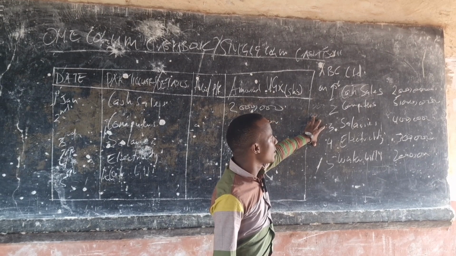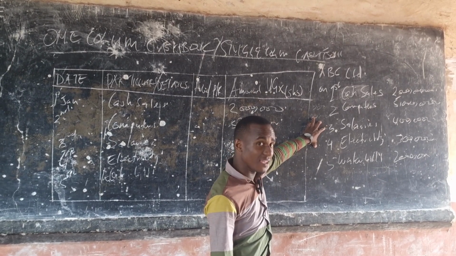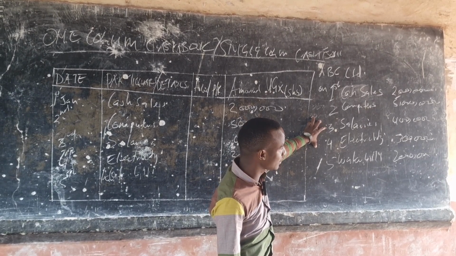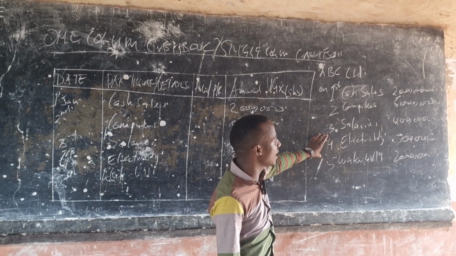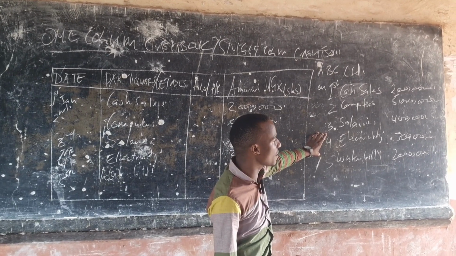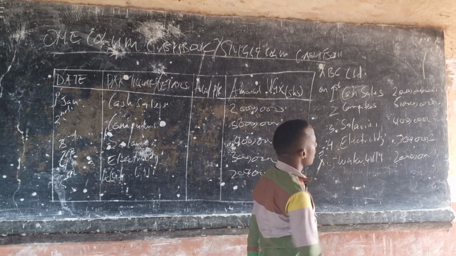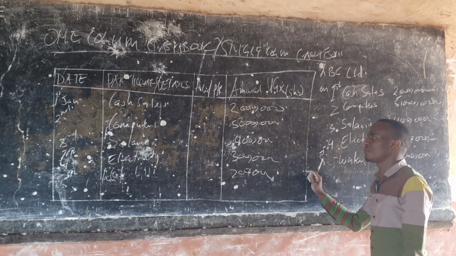On second, purchased computers worth 5 million. On third, paid off salaries 400,000. On fourth, paid off electricity bills worth 300,000. Fifth, paid off its water bills worth 200,000. This is how we enter this transaction in a single column cash book.